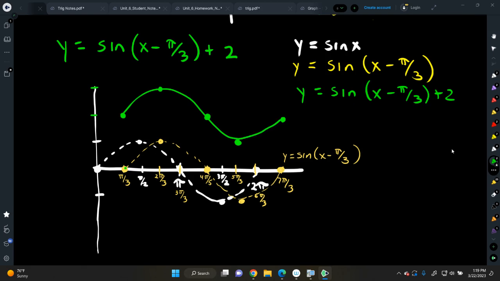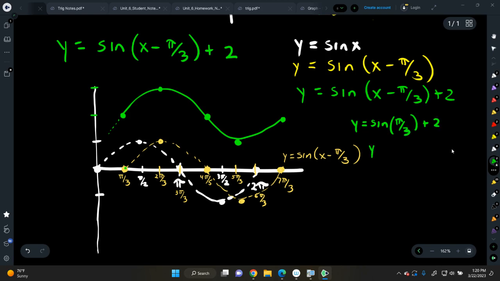You can leave it like that for now. Okay. How could we easily figure out where this is going? When it crosses the y-axis, what do we know? x is 0. So y equals sine of pi over 3 plus 2.